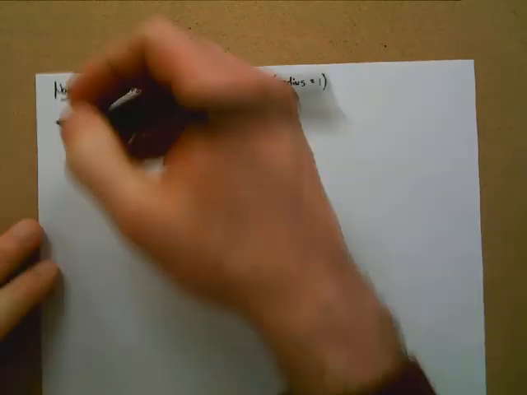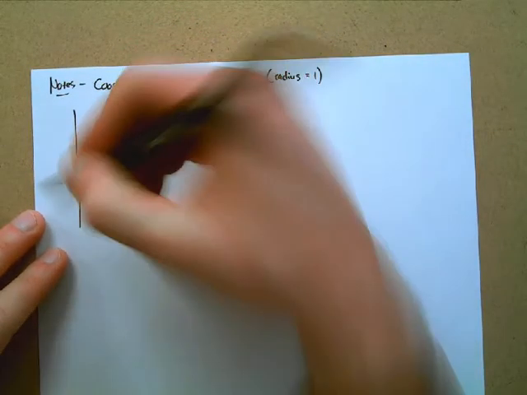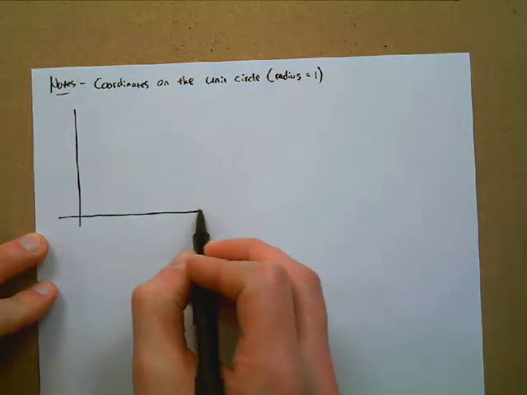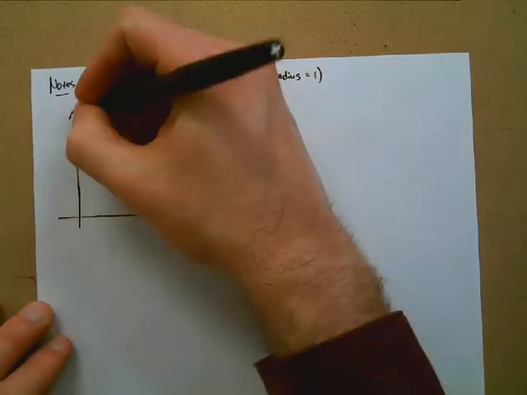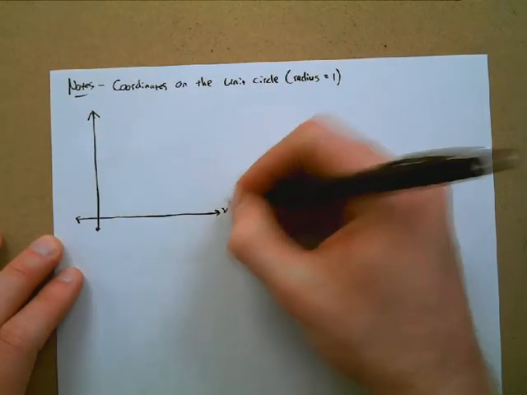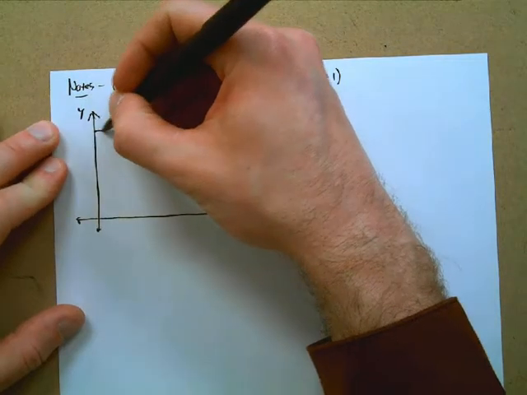There's my y-axis. There's my x-axis. And then I will draw a quarter of a circle as best I can there.